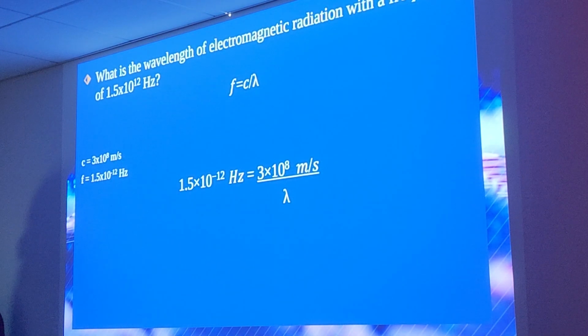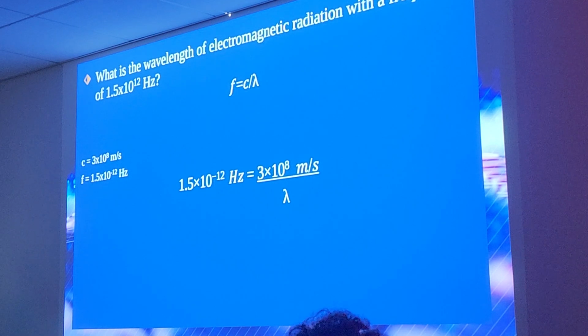Time to solve this problem. What is the wavelength of electromagnetic radiation with a frequency of 1.5 times 10 to the power of 12 hertz? Okay, so first we need a formula, right?